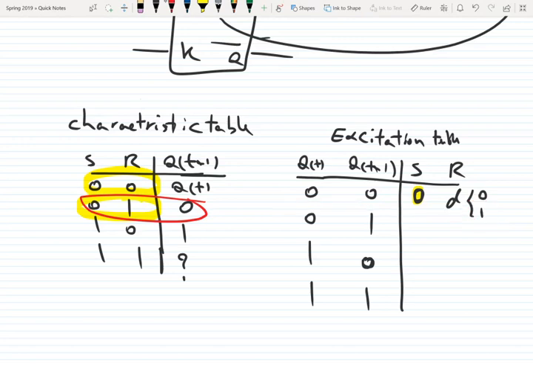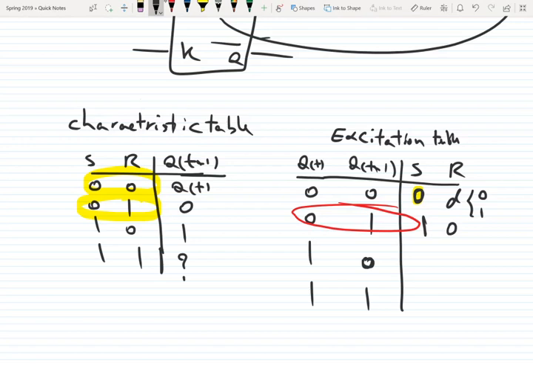Okay, under which conditions for the input Q of t is 0 and Q of t plus 1 will be equal to 1? The first one, if S is 1 and R is 0, which means set. The second one, there is no second one.